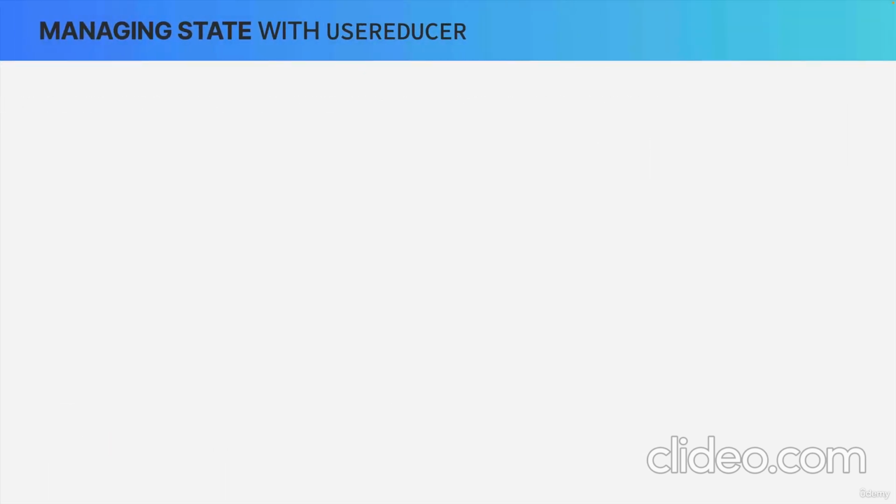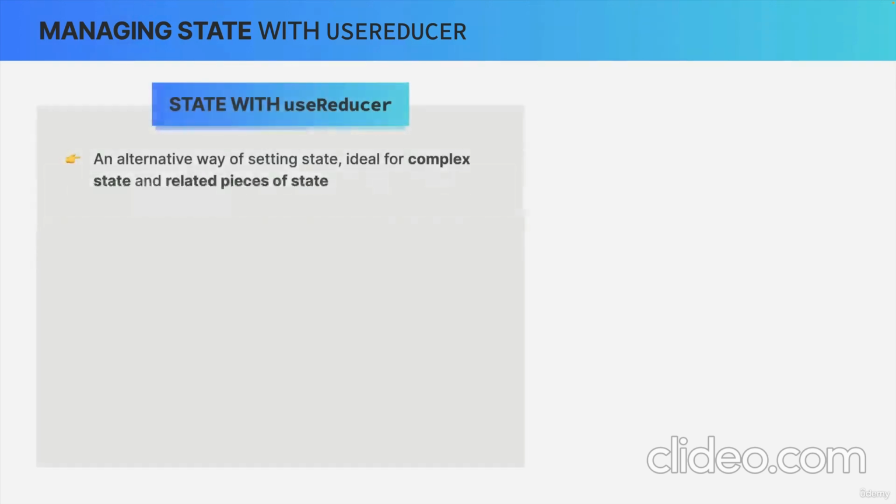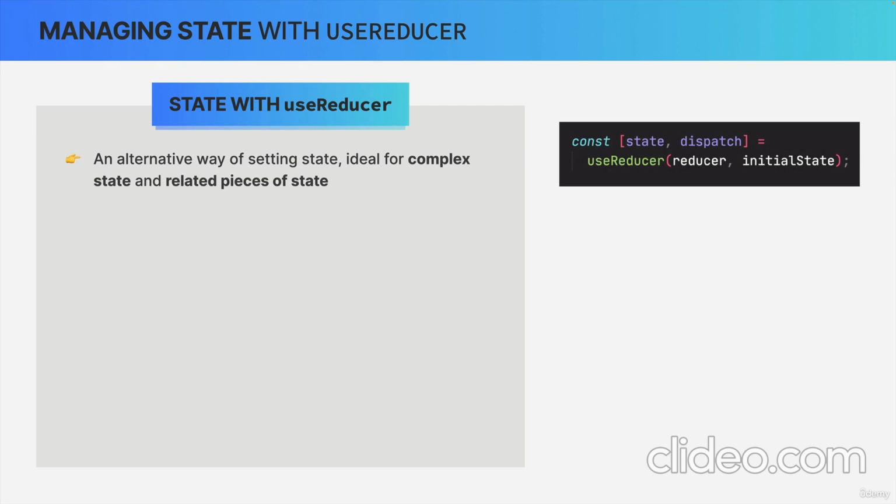So first of all, useReducer is an alternative way of setting and managing state, which is ideal for complex state and for related pieces of state. Now, we already used useReducer in the last two lectures, and this is what that looked like.